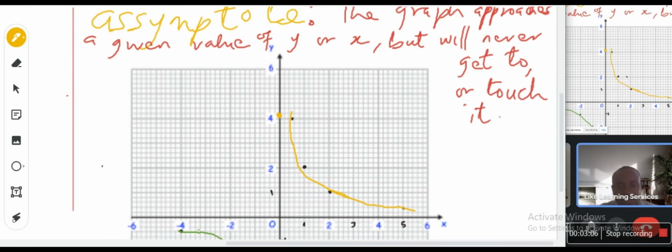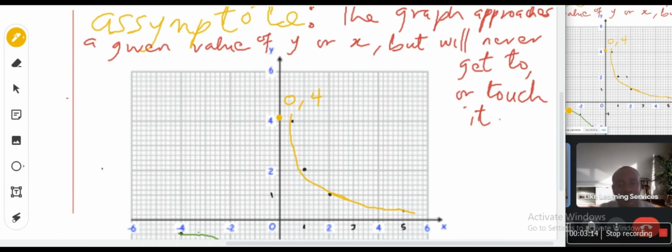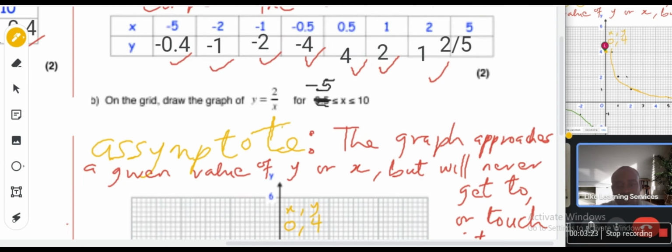This particular coordinate is 0.4, right? You name the x value before the y value. That's correct. That's this coordinate here. Think about this equation.